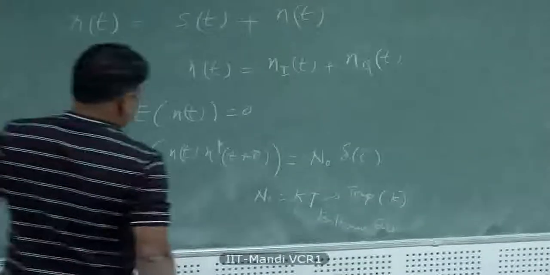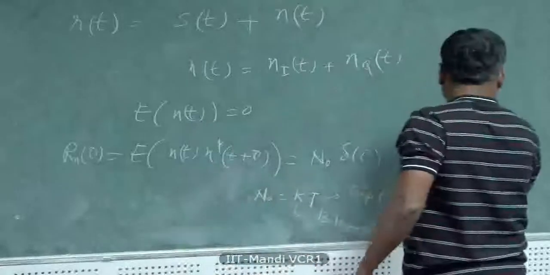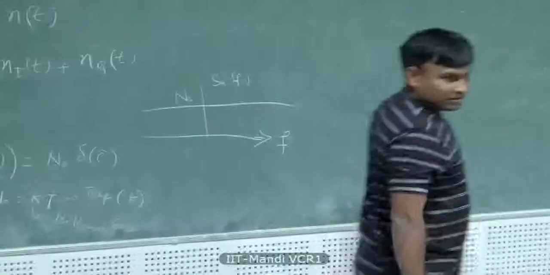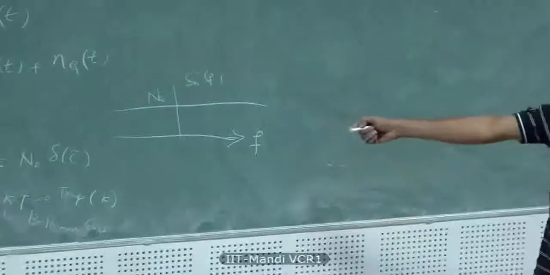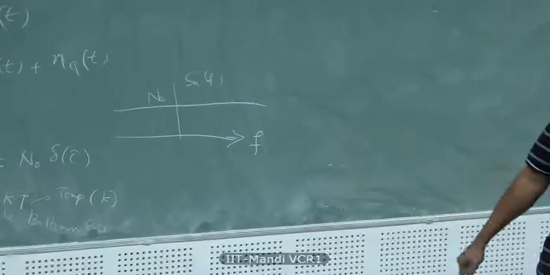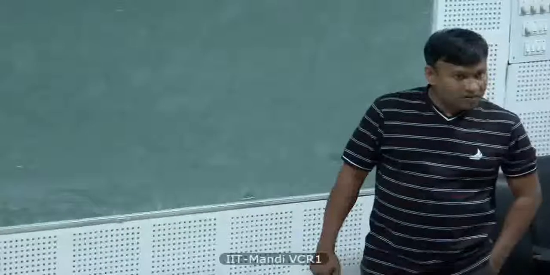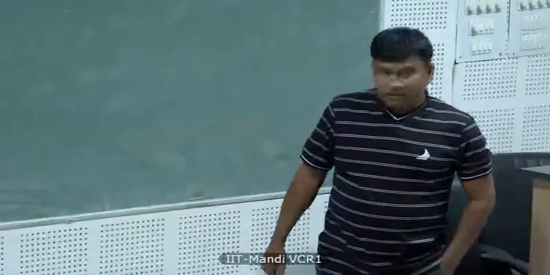What is the power spectrum of the noise here? Sn of f is flat with density N naught, right? Why is it flat? The autocorrelation is a unit impulse function with weight N naught.